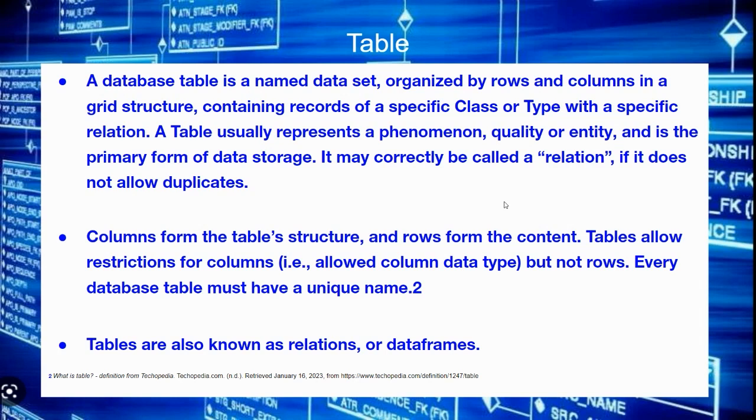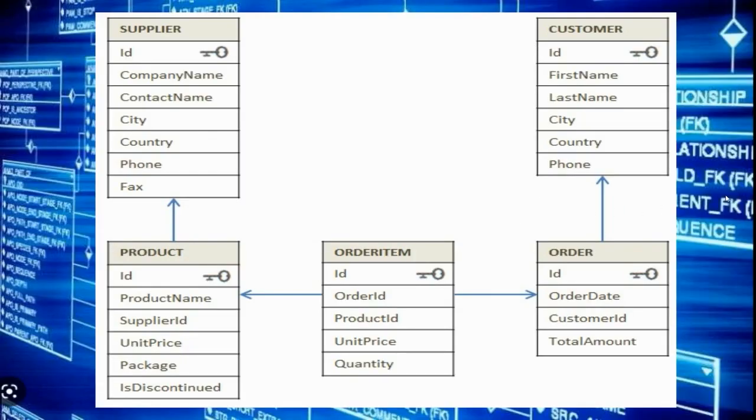That's another name for a table, but it's more correct if it doesn't allow duplicates. Columns form the table structure, and rows form the content. Tables are also known as relations or data frames. Here's a graphic of several tables in a company database.